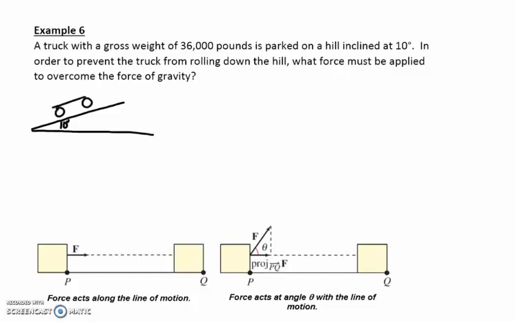Apparently it's not sitting on top of the road. And I am a wonderful artist, aren't I? Actually, it kind of looks like a car going down the road. But anyway, so that's supposed to be a truck. It's an ugly truck, I know. And we want to know, in order to prevent the truck from rolling down the hill, what force must be applied to overcome gravity.